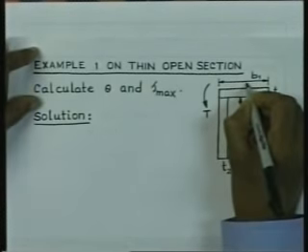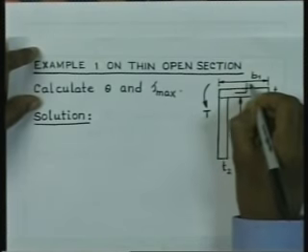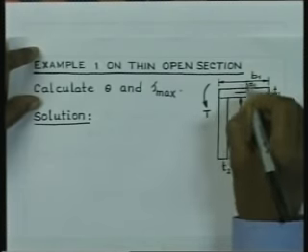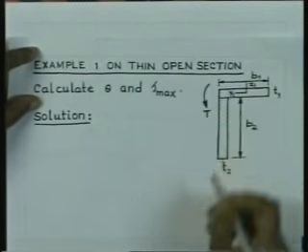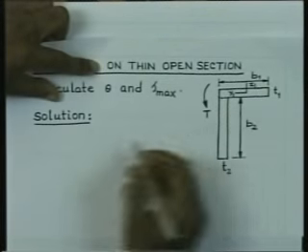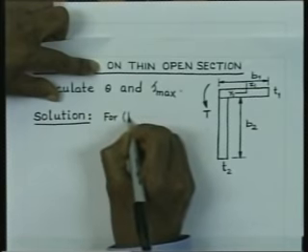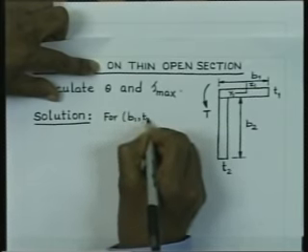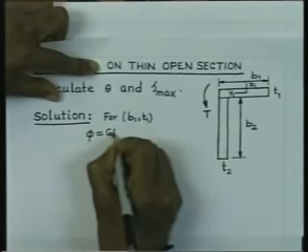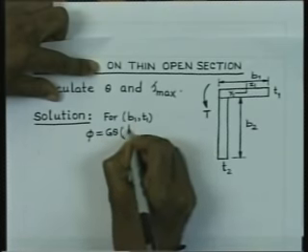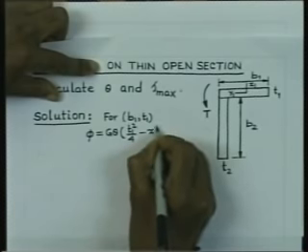If you consider the axes to be oriented for this segment 1, let us say that x1 is in the thickness direction, y1 is in the height direction, then for this branch B1 T1, we can write phi as g theta into T1 square by 4 minus x1 square.